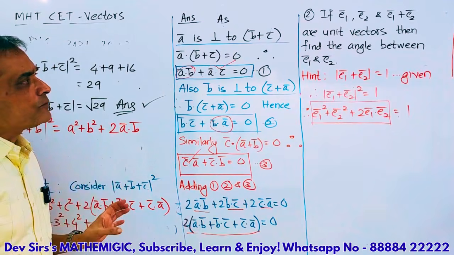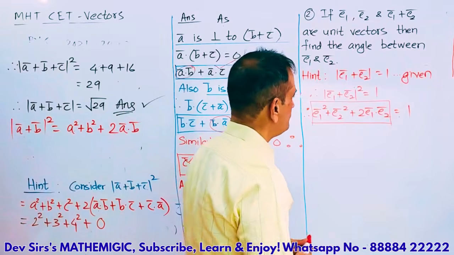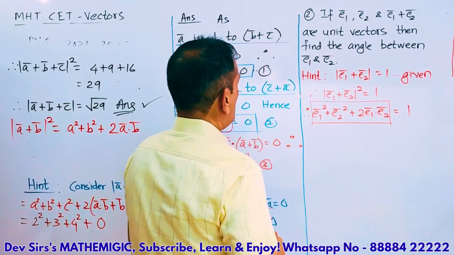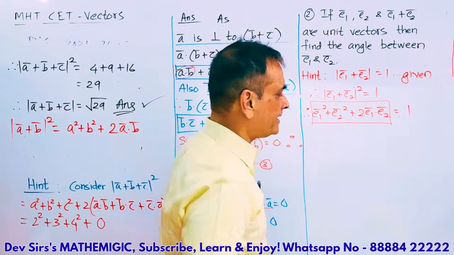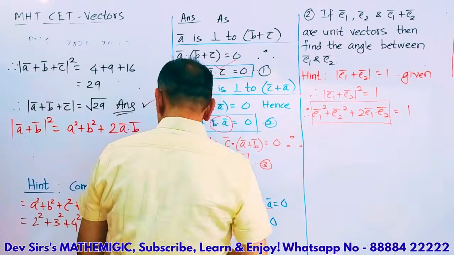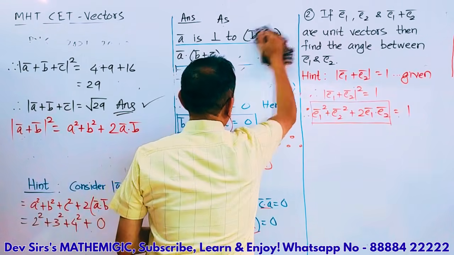So what I am going to say is, see, E1 bar is a unit vector. Okay, E1 bar is a unit vector. So what is going to happen?